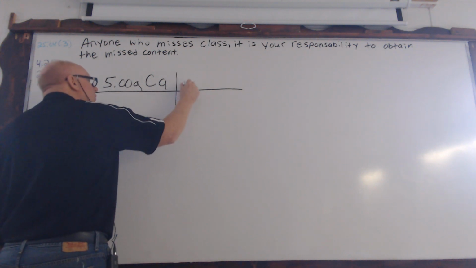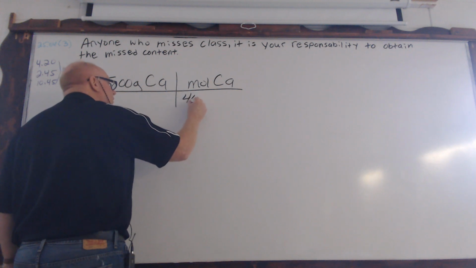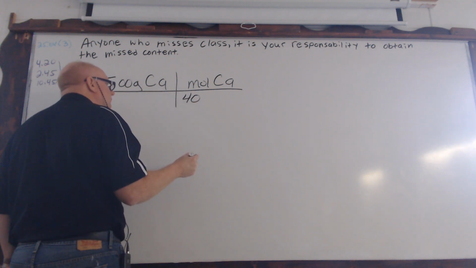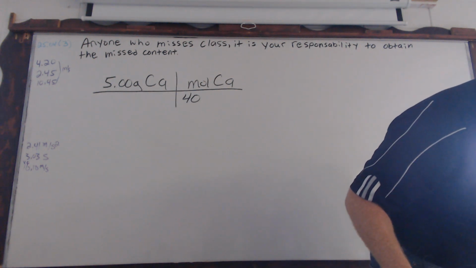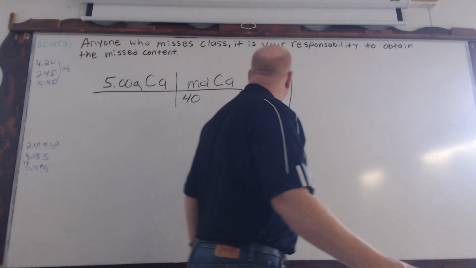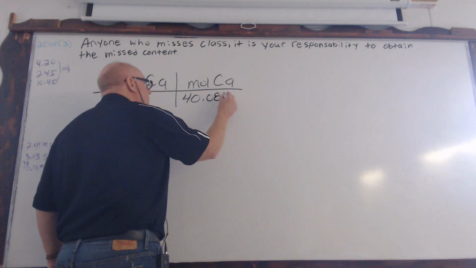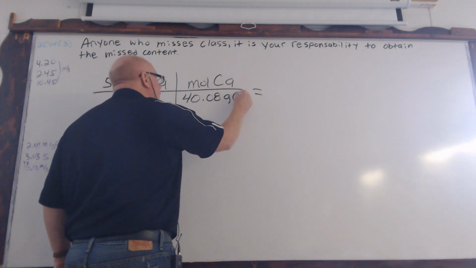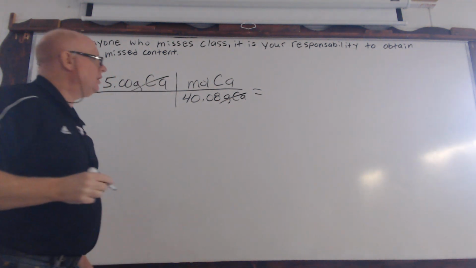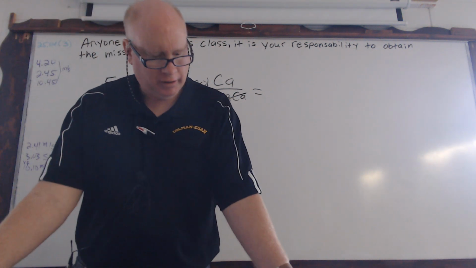Okay, so for every mole of calcium, you have 40 something? Okay, our grams cancel each other out, and you are just left with moles, and that's what you are looking for.